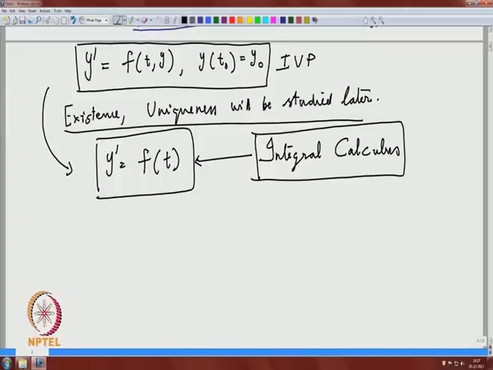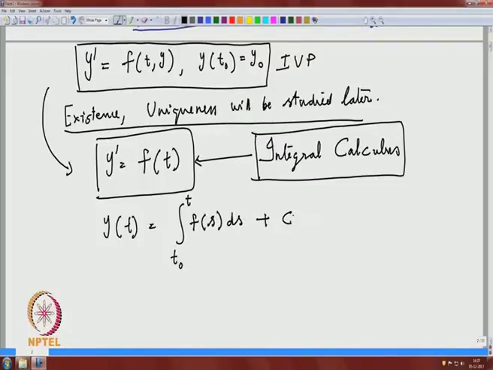So, when you solve this differential equation, dy by dt is equal to f of t, you write your solution y of t is equal to, in the initial value problem, the integral from t naught to t of f of s ds plus c.